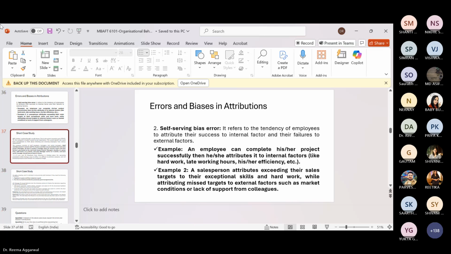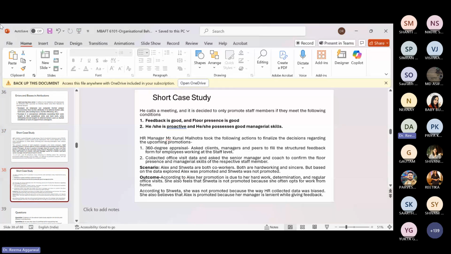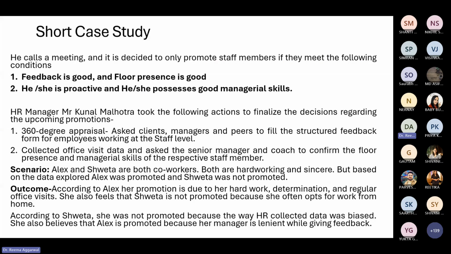Okay? Talking about the answer of this case study, here Shweta feels that her promotion did not happen because the data HR collected was biased. Right? It is mentioned here. So what is this? This is self-serving bias. Her failure, she has attributed to an external factor.